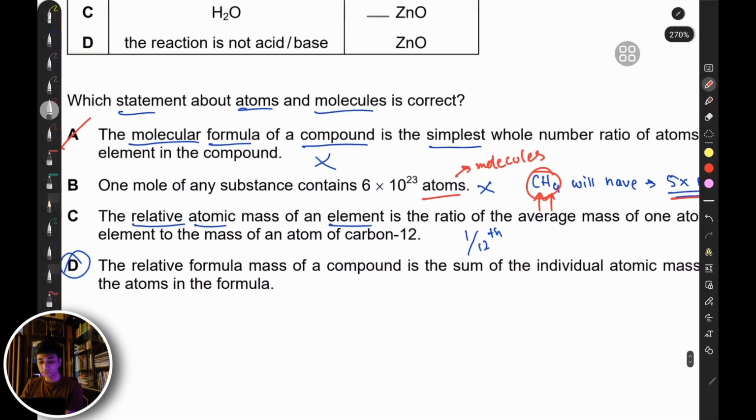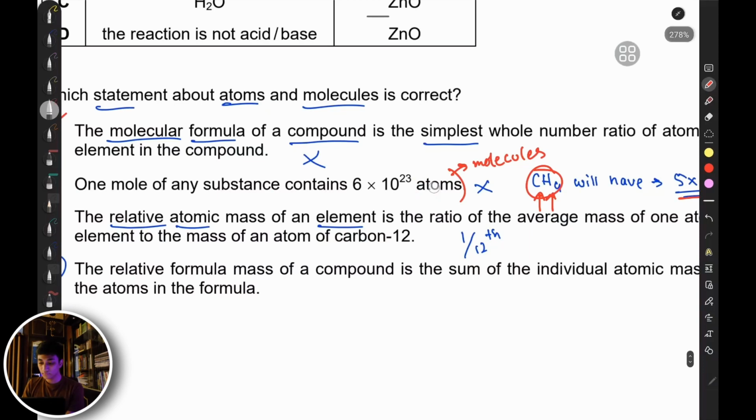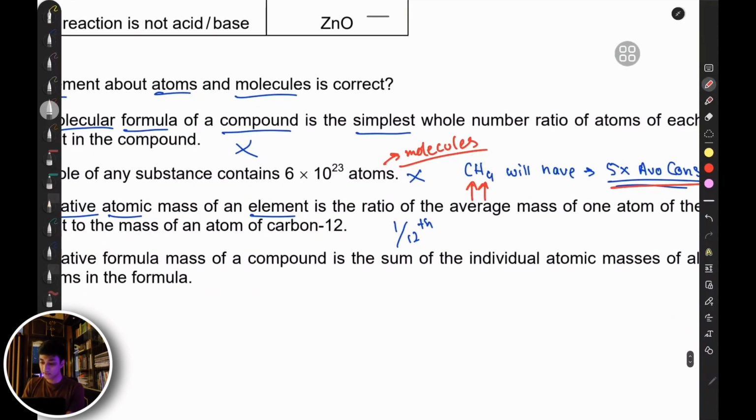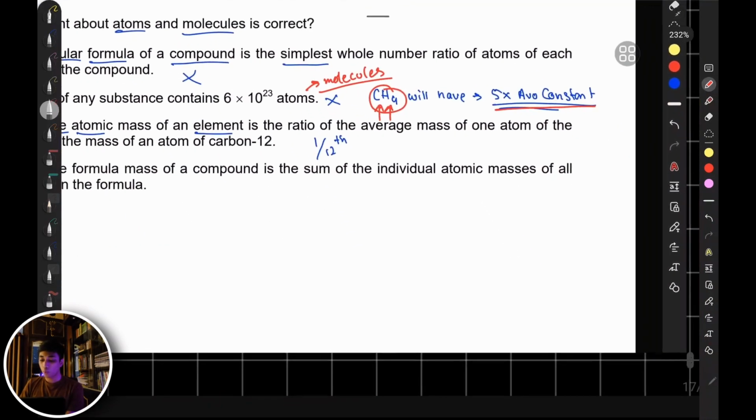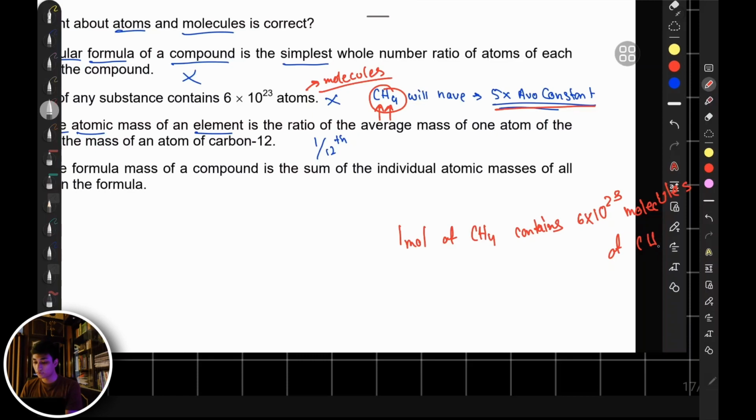However, if they said molecules, then in methane's case, 1 mole of CH4 contains 6 into 10 to the power of 23 molecules, not atoms, of CH4.